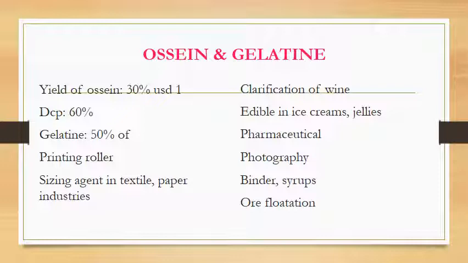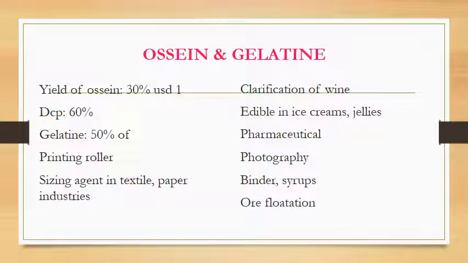So the yield of ossein is around 30% and dicalcium phosphate is 60%, whereas gelatin will be 50% of the ossein. It is used in printing rollers or as a sizing agent in the textile or paper industry. That is the low quality gelatin which we call glue.